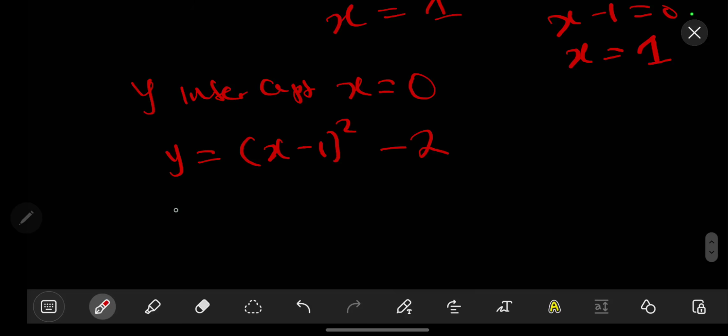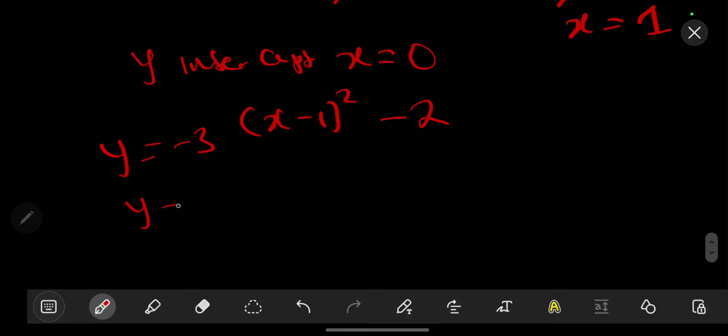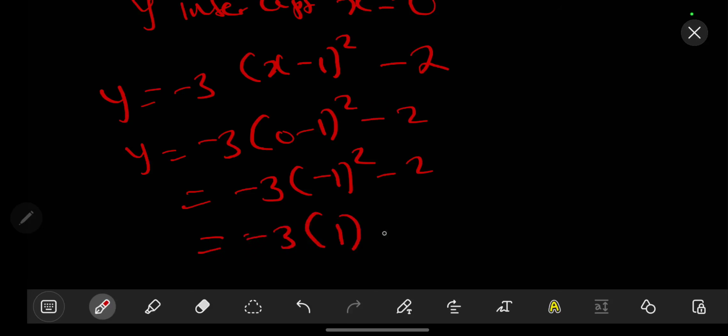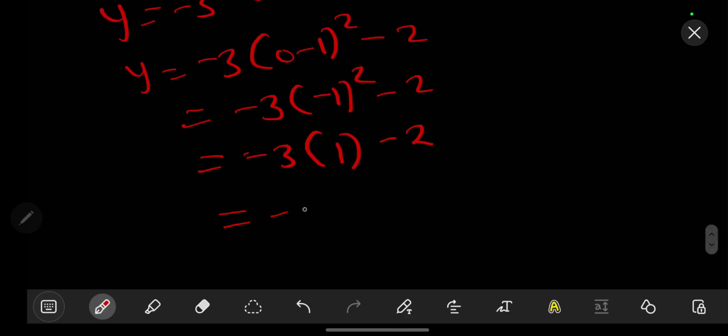So x is equal to 0, so we have negative 3 times 0 minus 1 squared minus 2. Negative 1 squared is 1, times negative 3 is negative 3, minus 2, which is equal to negative 5. So this is our y.